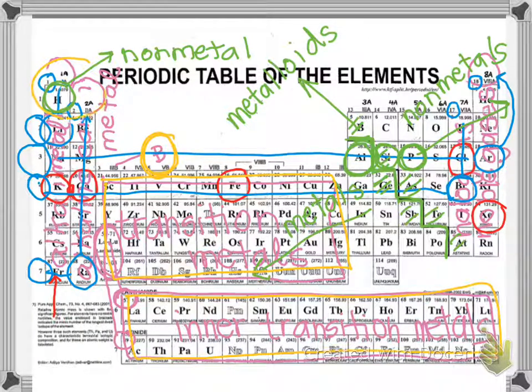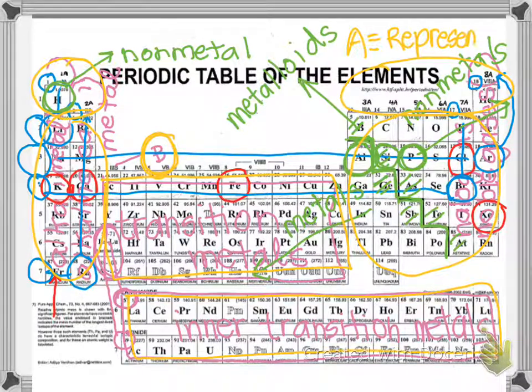And then all the groups with an A. So these first 2 groups and these last 6 groups, if it has an A on the top of its group, these are what we call representative elements. They're also called main group representative elements. So again, this last question on this video has to do with finding the element on the periodic table and seeing which area it is in.